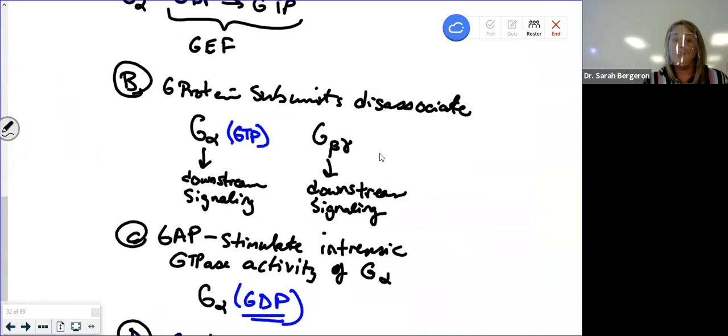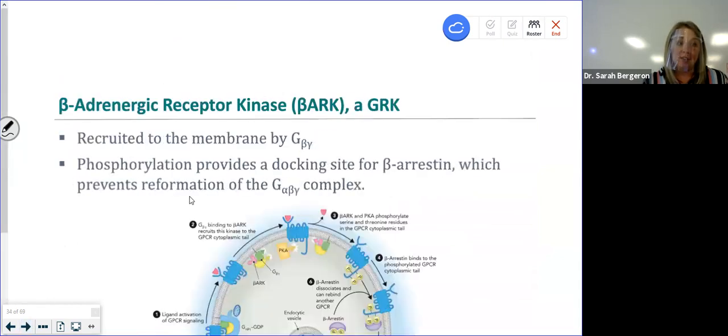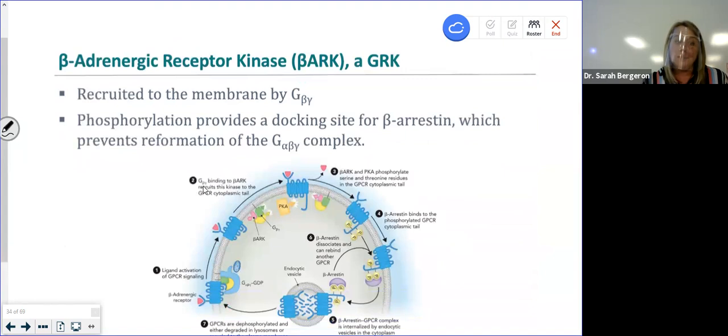Here, see this? And it initiates downstream signaling. So that's target signaling, and some other things can happen. One of the other things is that this beta gamma is going to bind to something we call, for short, BARK, right?